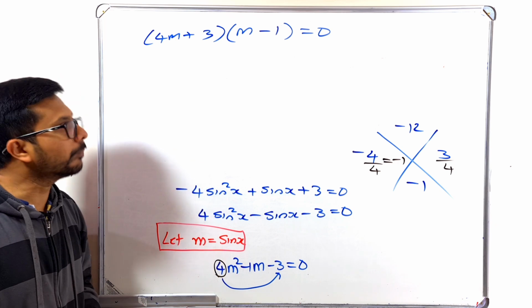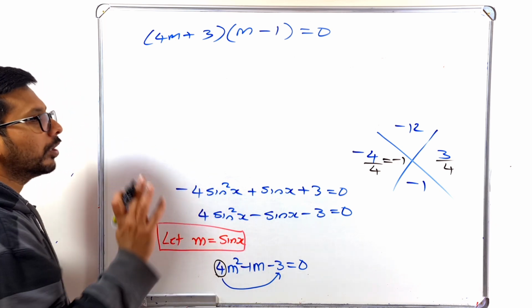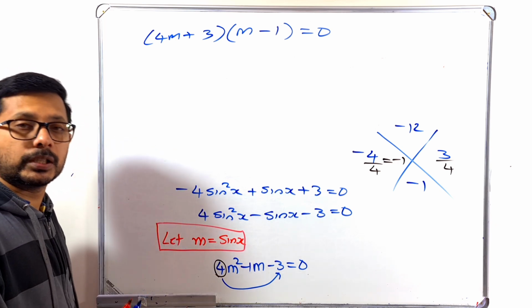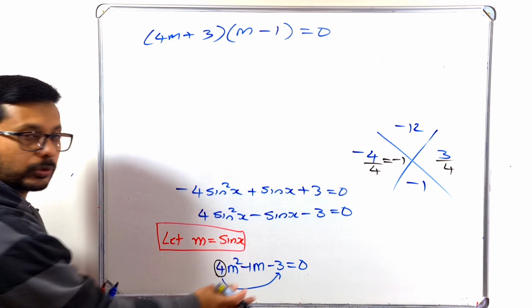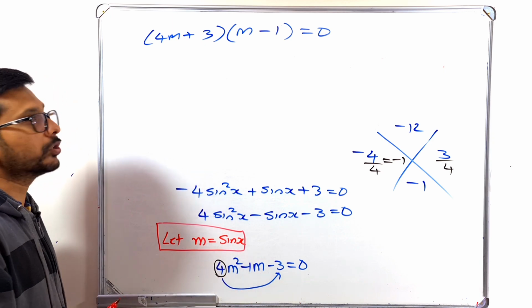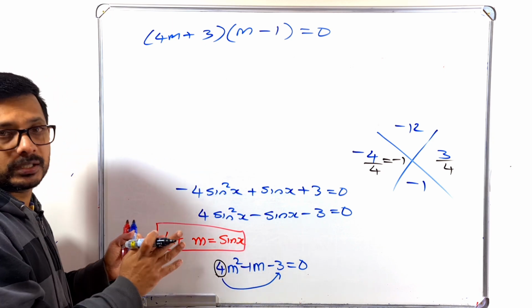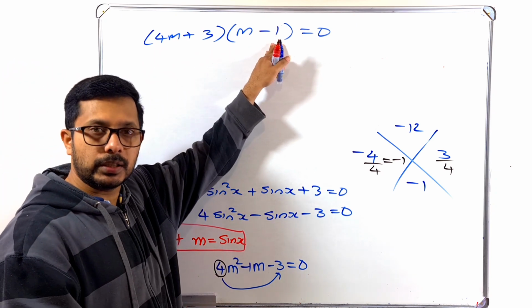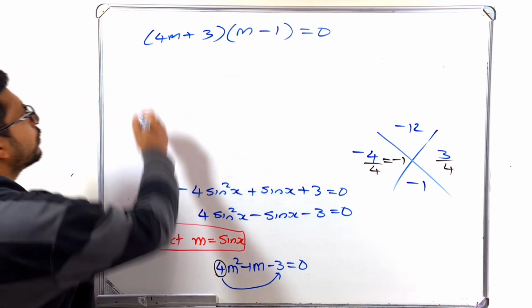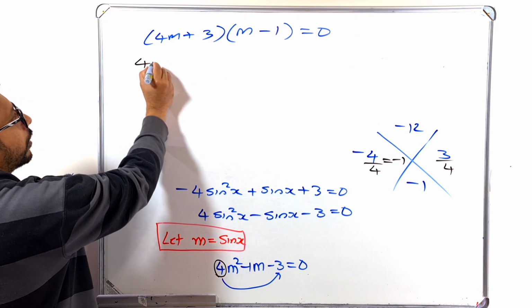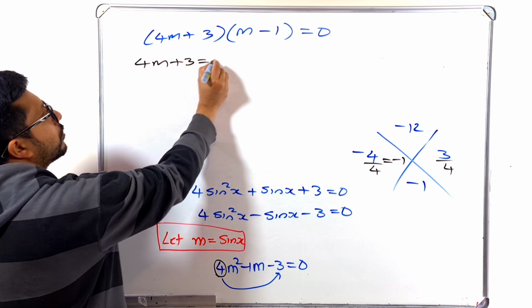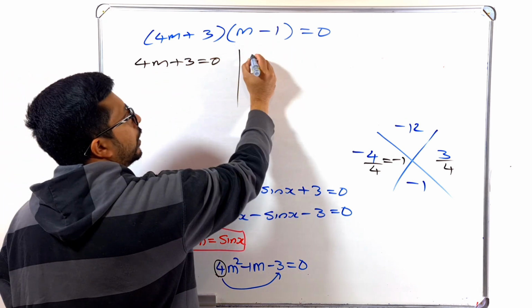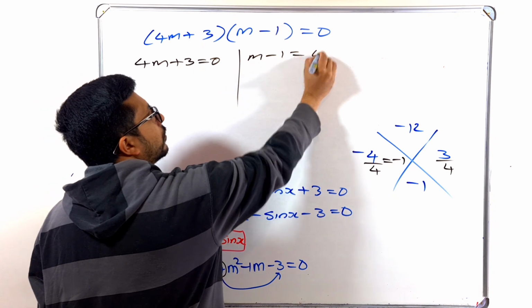That's easy. Anyway, there are different methods to solve this type of question, so you have to watch that algebra section. This is one of the easy methods in case you find difficulty writing it directly. From here, either 4m plus 3 is equal to 0 or m minus 1 is equal to 0.